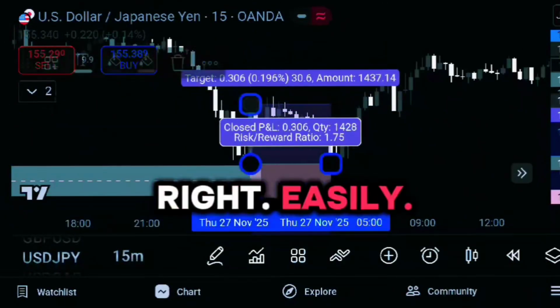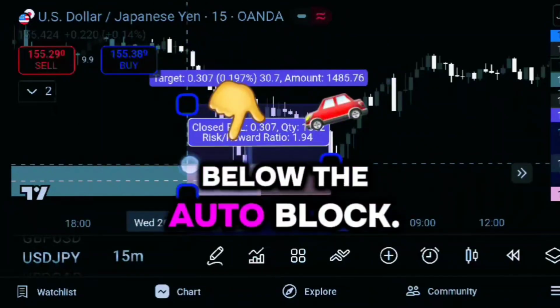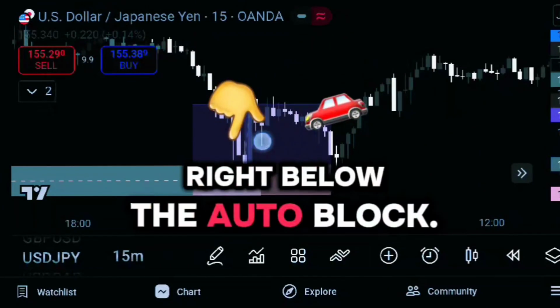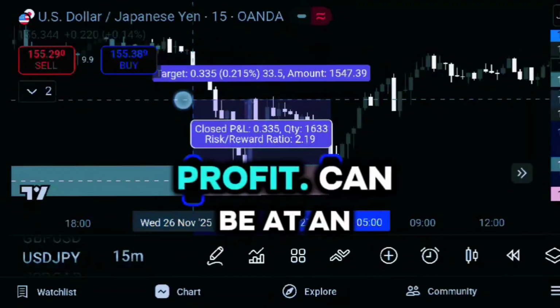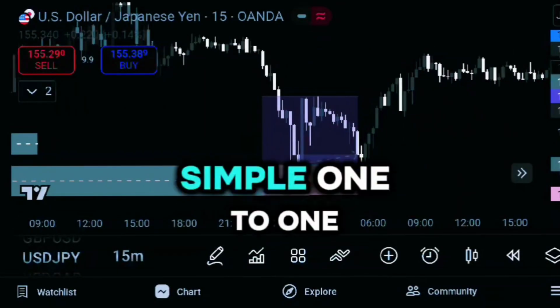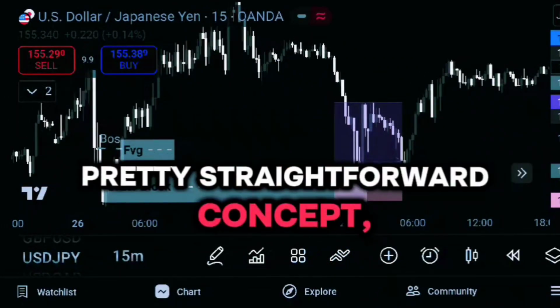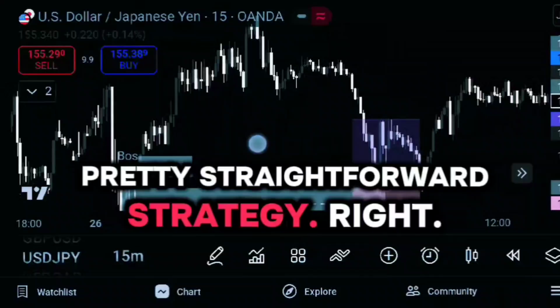And you put your stop loss right below the order block, and then your take profit can be at the next high. That's a simple 1-to-1 or 1-to-2, pretty straightforward concept, pretty straightforward strategy, right?